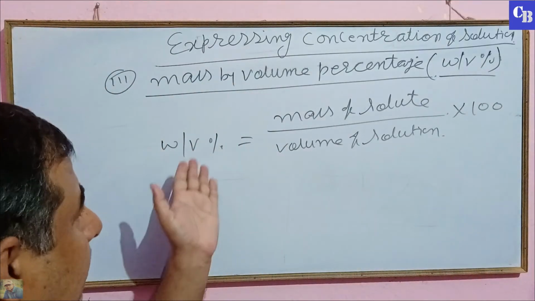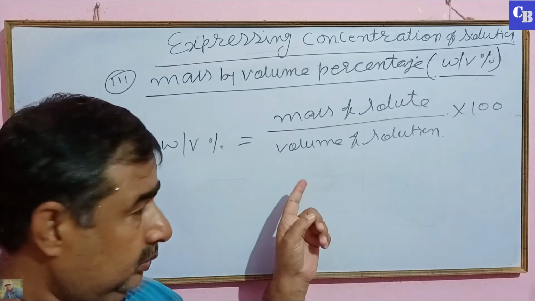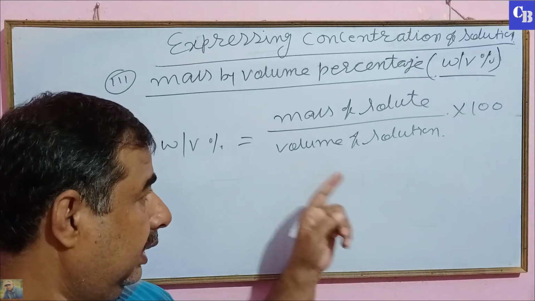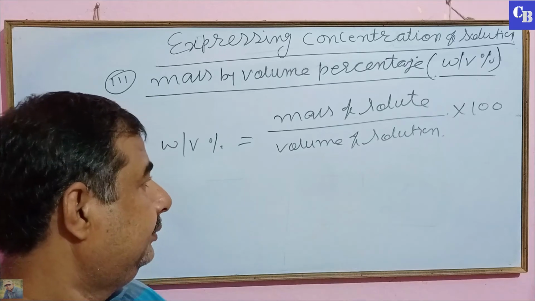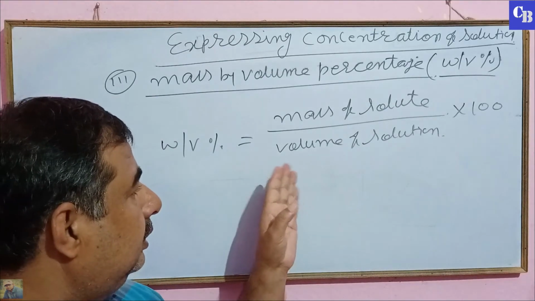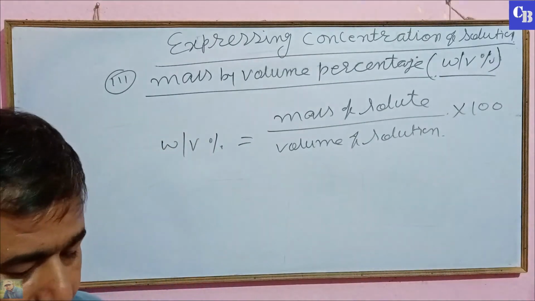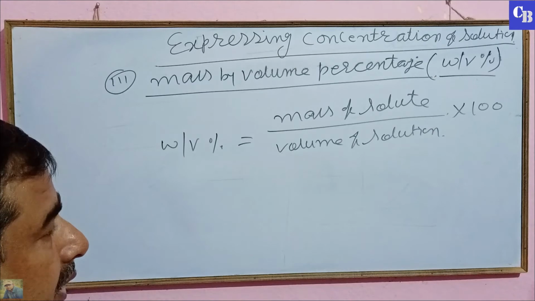It is also defined that mass of solid present in per 100 milliliter of solution is called mass by volume percentage.